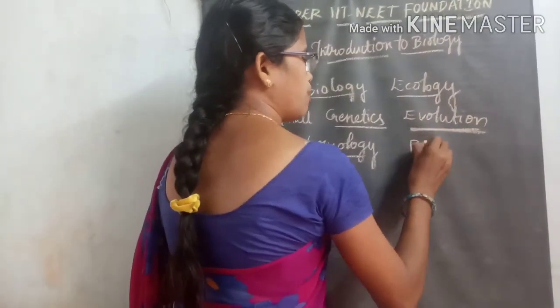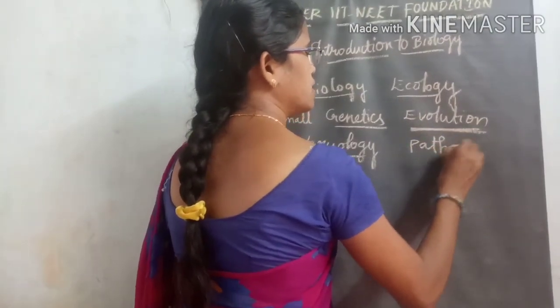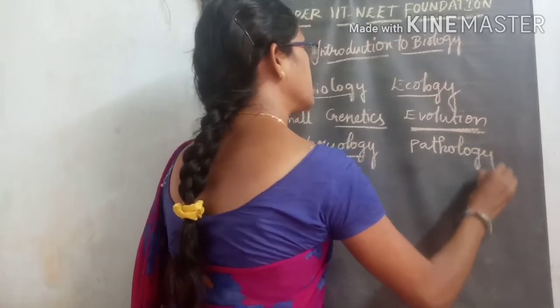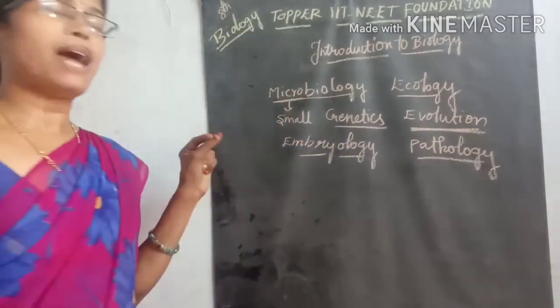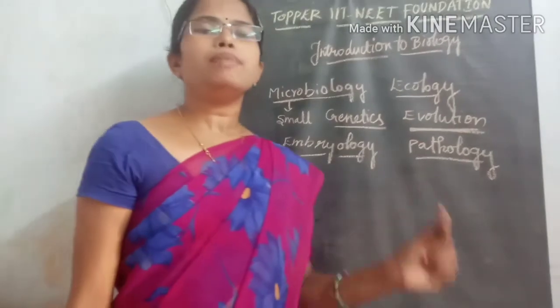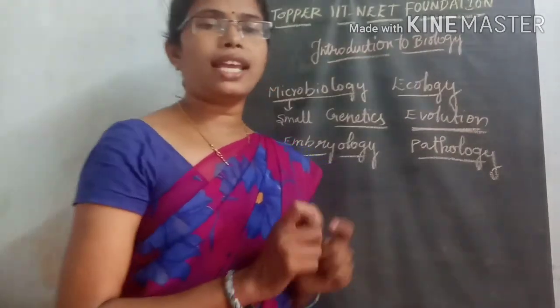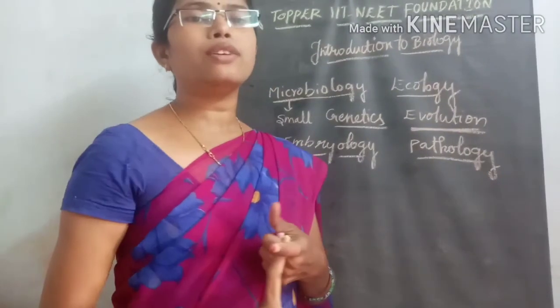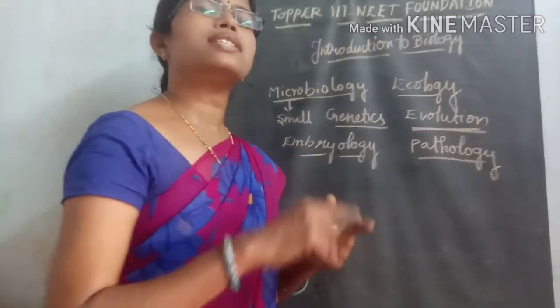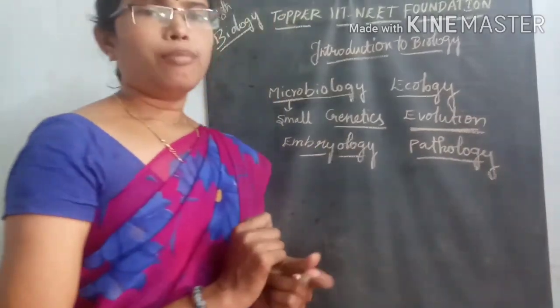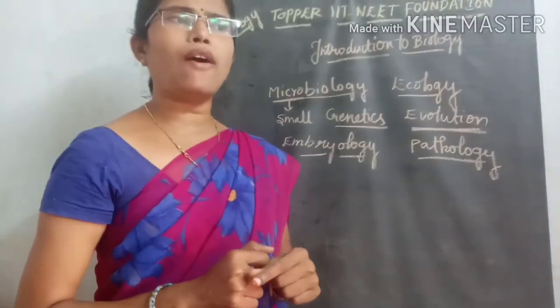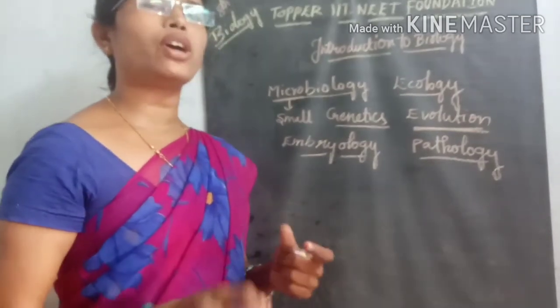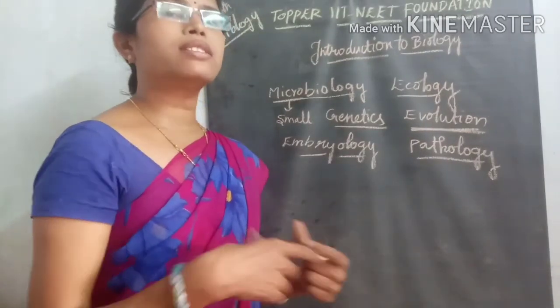Next one is pathology. What is another science which mainly deals with biology? That is called pathology. Pathology means the study of disease and disease-causing organisms. In our surroundings there are a lot of organisms causing diseases to plants and animals.